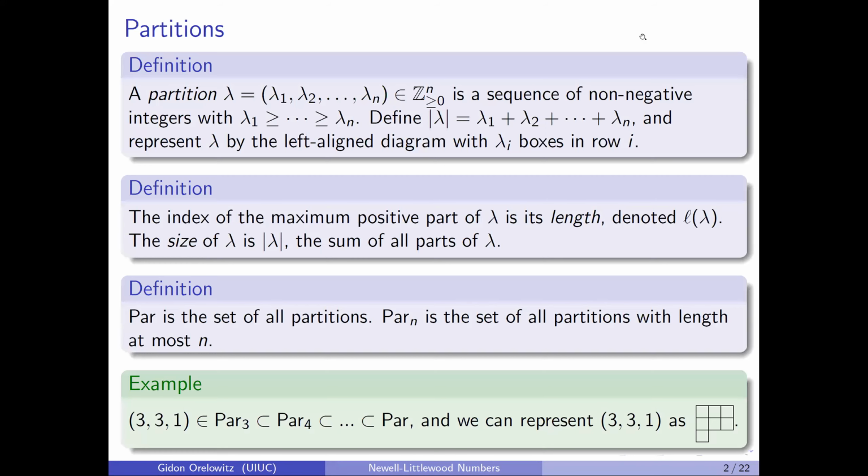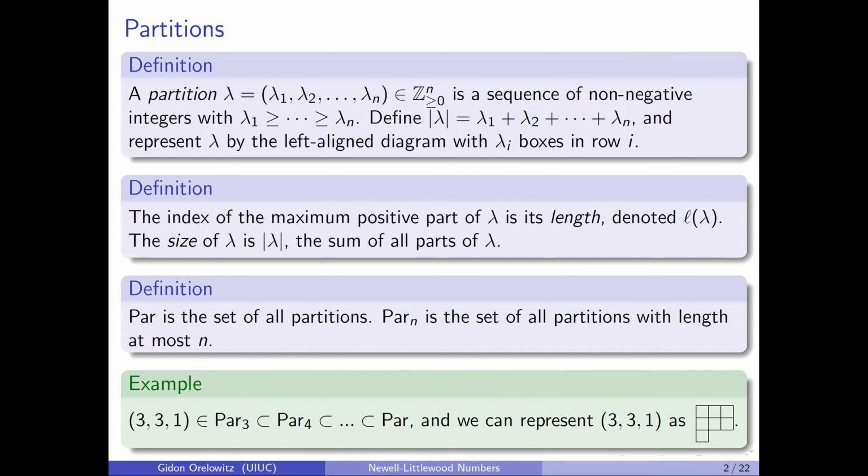So if we're going to talk about Littlewood-Richardson coefficients, we have to first understand what a partition is. Simply put, a partition is just any weakly decreasing finite sequence of non-negative integers. So for example, 3, 3, 1 is a partition, and we can represent it by its diagram, which we can think of as 3 boxes, then 3 boxes, then 1 box.